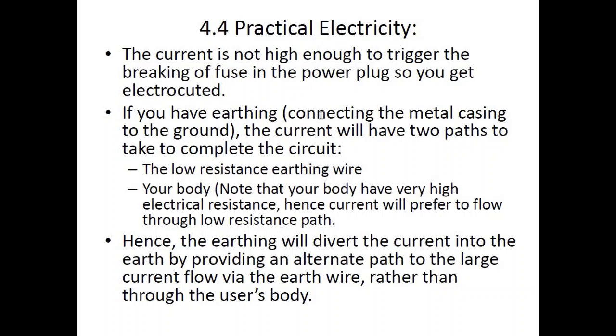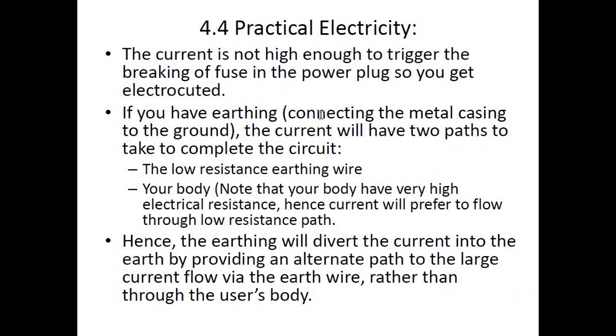If you have earthing, if you have connected the metal casing to the ground, then the current will have two paths to choose from. Either the current would go through your body and get into the ground, but your body would have a higher resistance, or it can directly pass through a small wire having very low resistance and go into the ground.